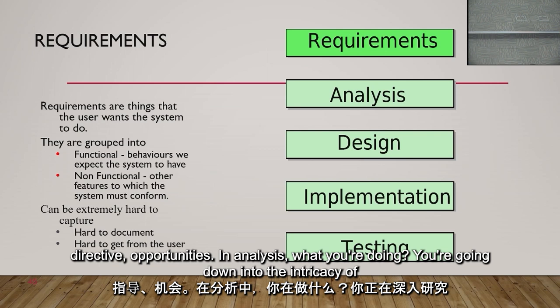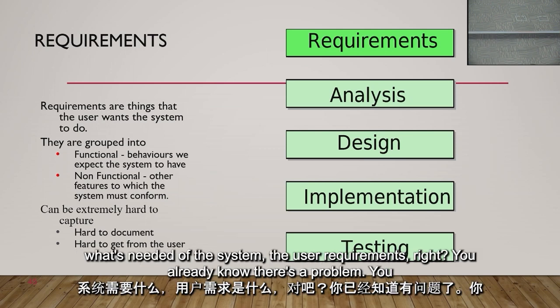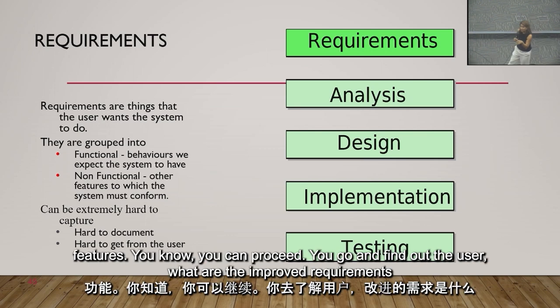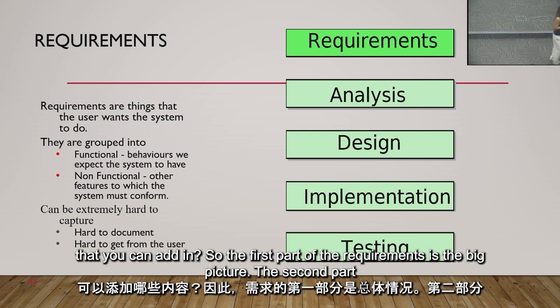You're going down into the intricacy of what's needed of the system. The user requirements, right? You already know there's a problem, you need to upgrade. What are the user requirements? You already know you can take advantage of new features, you know you can proceed. You go and find out the user, what are the improved requirements that you can add in.